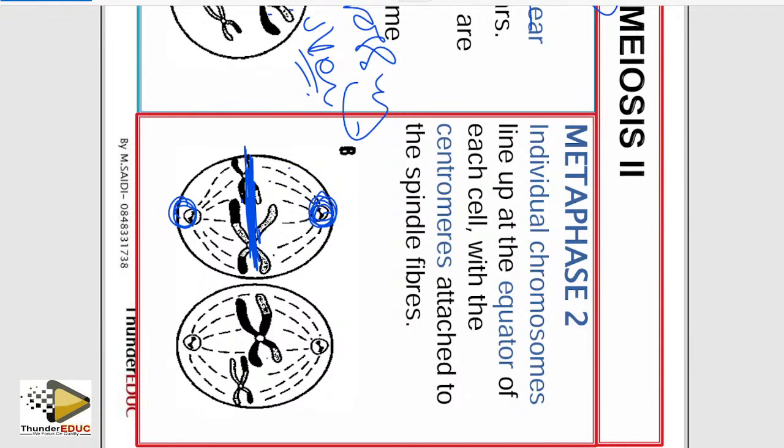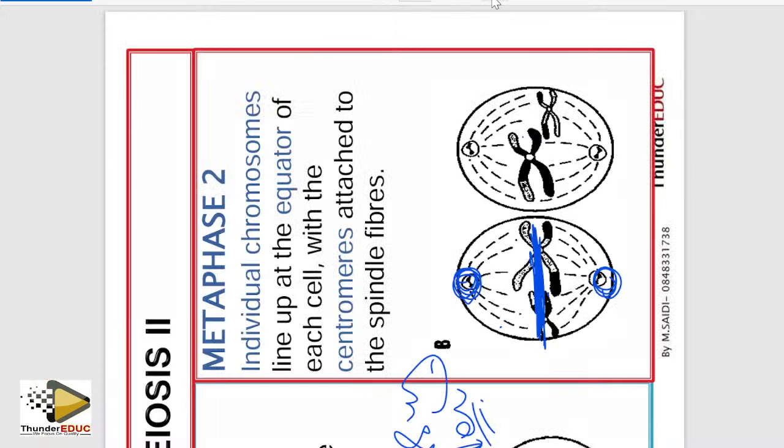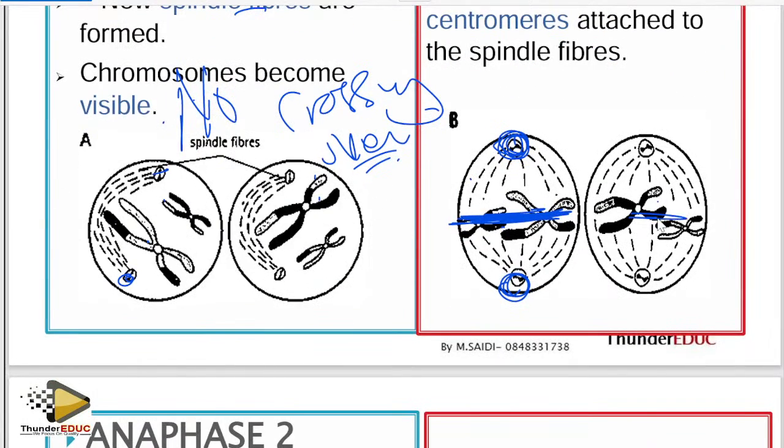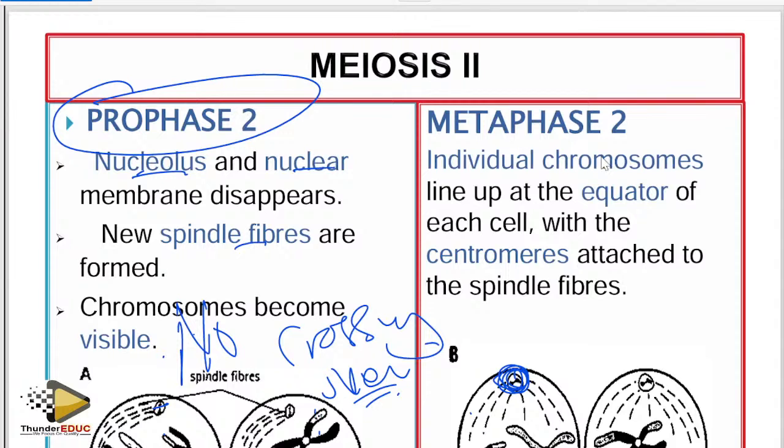So they align themselves along the equator, but in this case, they don't align themselves in pairs. They align themselves singly. That's why here we say that individual, meaning single, chromosomes line up at the equator of each cell with the centromere attached to the spindle.